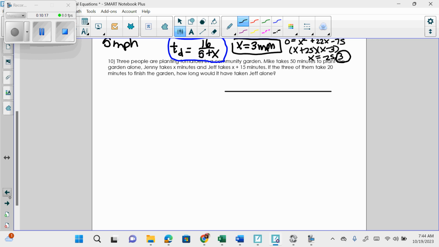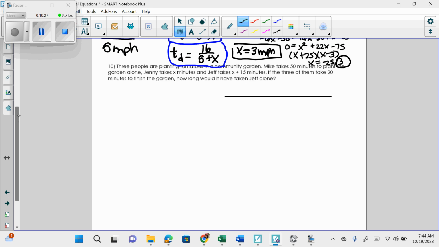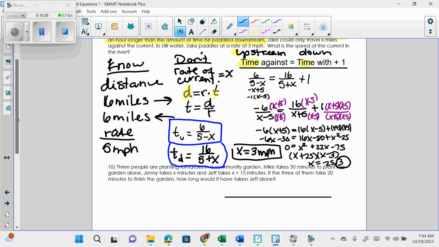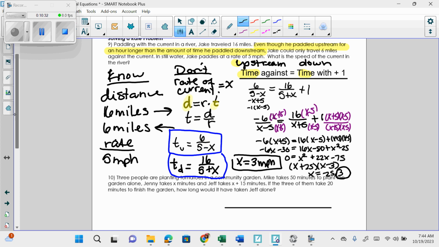Sorry. So again, I have a rate problem because we're talking about the rate at which it takes to plant a garden. Where the last example was very obvious, it was a rate problem because we were talking about the speed of the current and we were given the speed paddling.